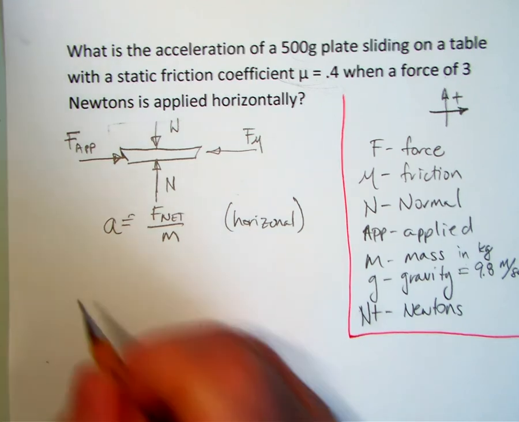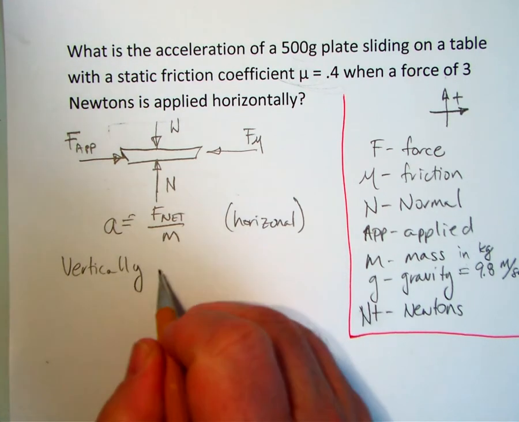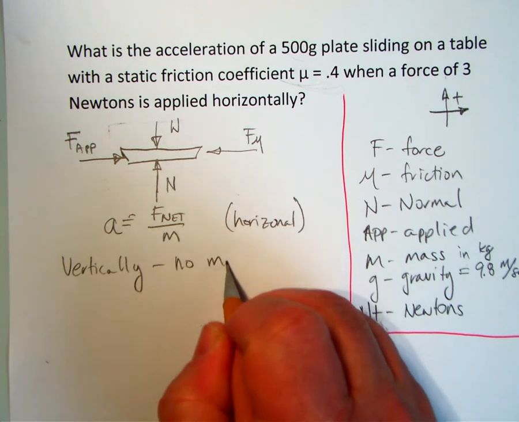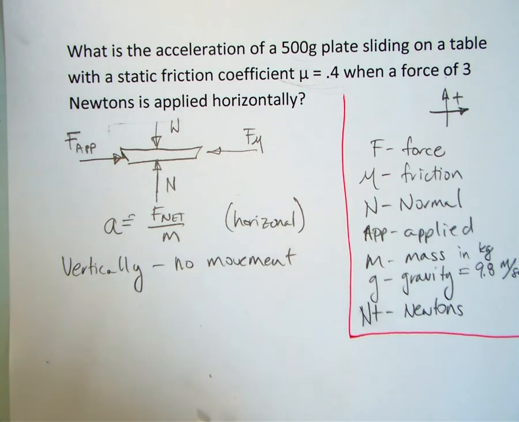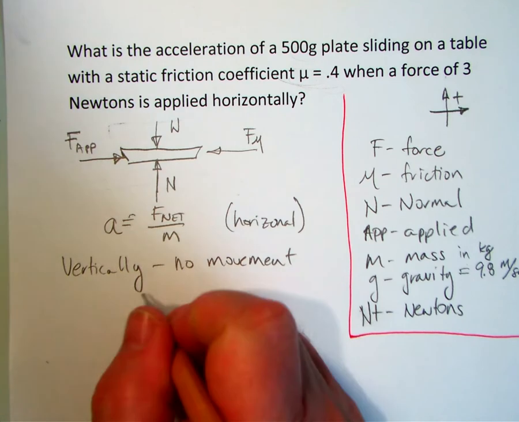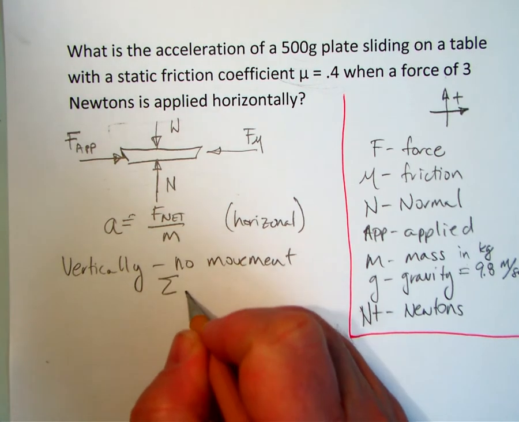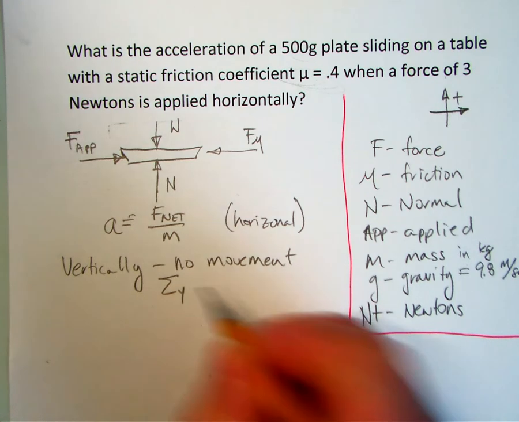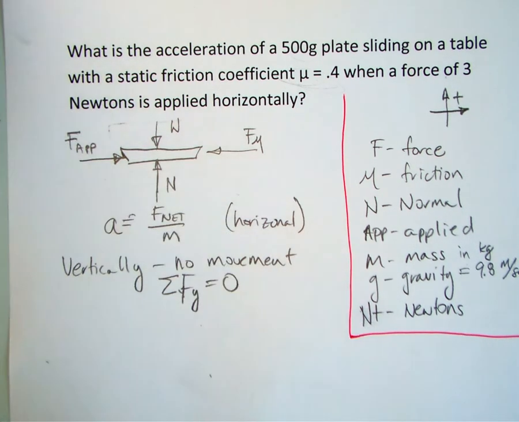Okay, so vertically, there's no movement. Okay, no movement, no acceleration. So the net force vertically is 0. Okay, and in later courses, you'll always see a symbol, the sum of the forces in the y direction is equal to 0 is usually how they say that, to say no movement, okay?